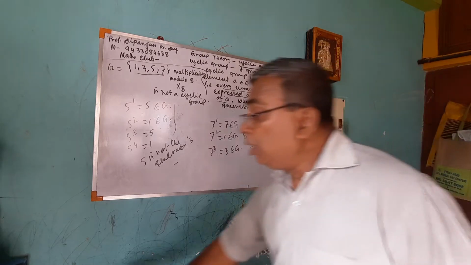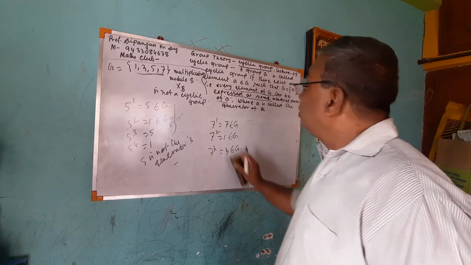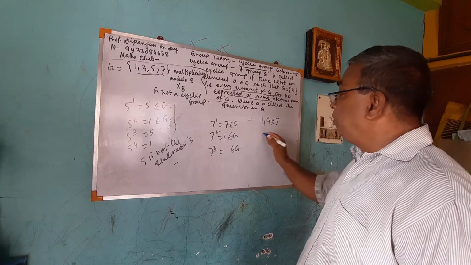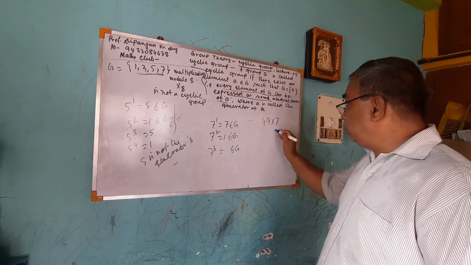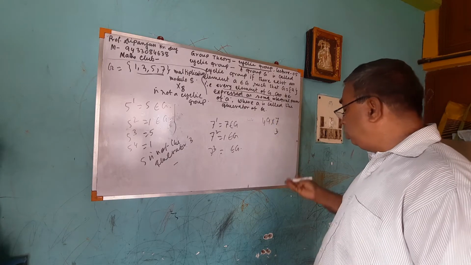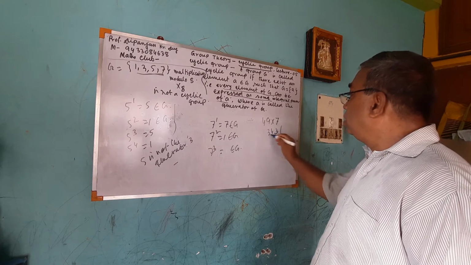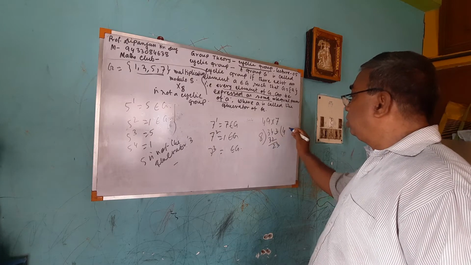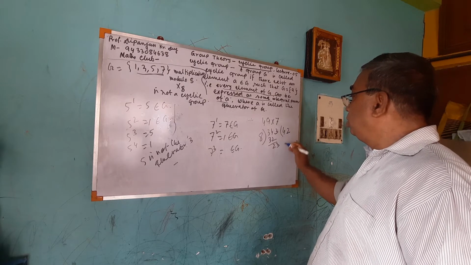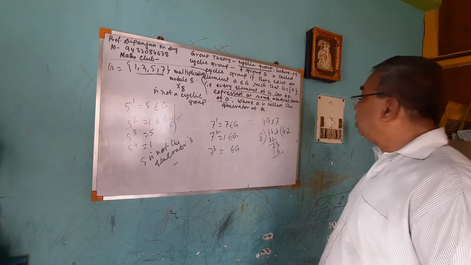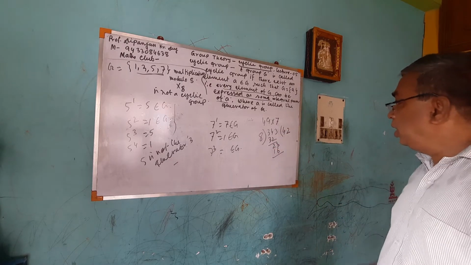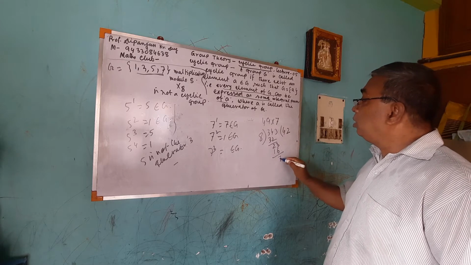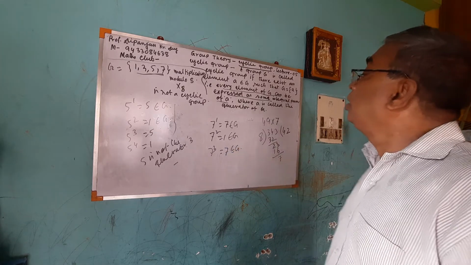Now, once again, I am checking here. This will be 7 to the power 3, that means 49 into 7, divided by 8. 7 we are getting.